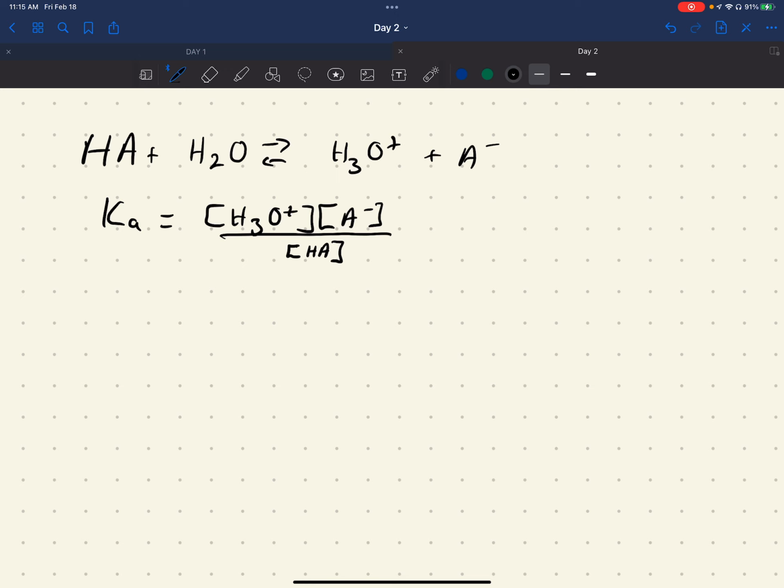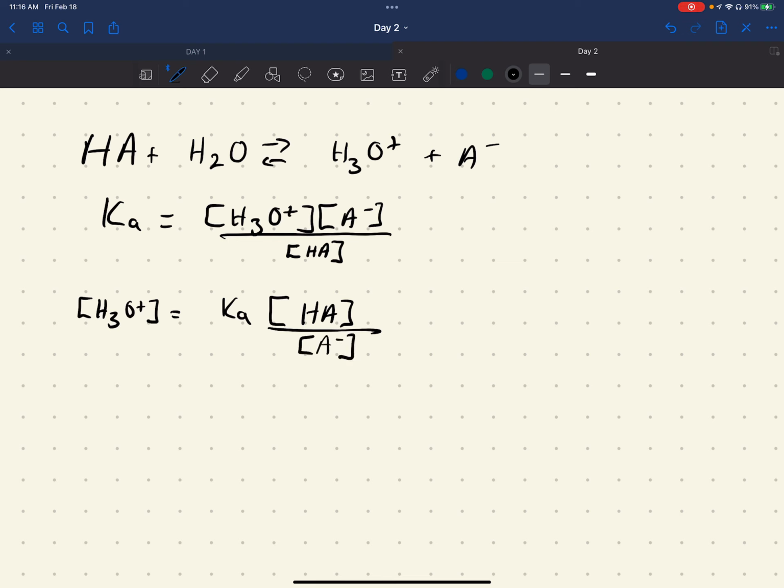Now I'm going to rearrange this to solve for the concentration of hydronium. That's going to be Ka times the concentration of HA over the concentration of A minus.